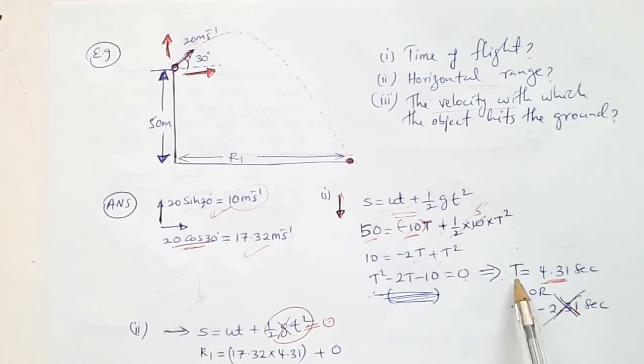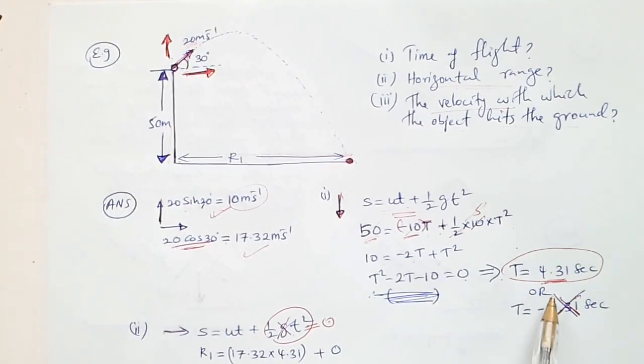From here I can find two values for t. One is 4.31, the other one is minus 2.31. You can omit minus 2.31 because time cannot be negative. So only this answer is correct, and the total time of flight is 4.31 seconds.